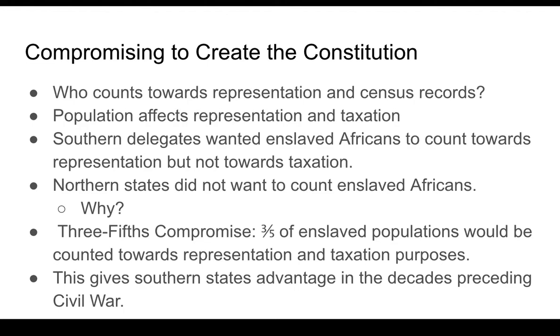So it was a way of giving the southern states some more influence, probably more influence than they rightfully should have, but not making it completely overpowering for the northern states, right? This gives the southern states advantages in representation in Congress for a long time in the decades leading up to the Civil War, so about 80 years or so. Eventually, it takes the Civil War to stop this.